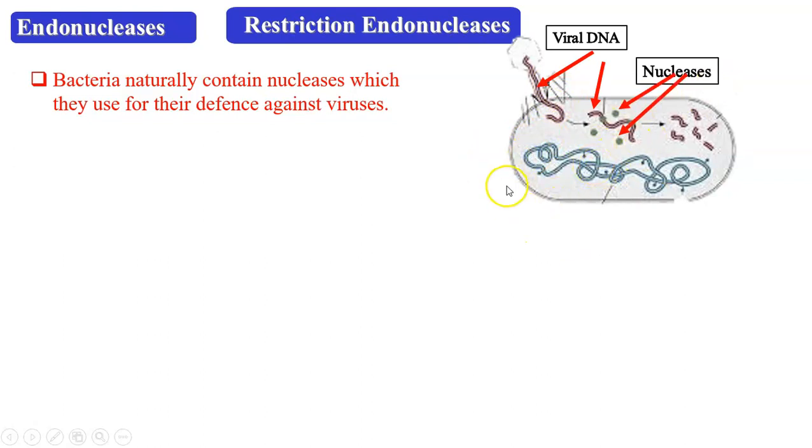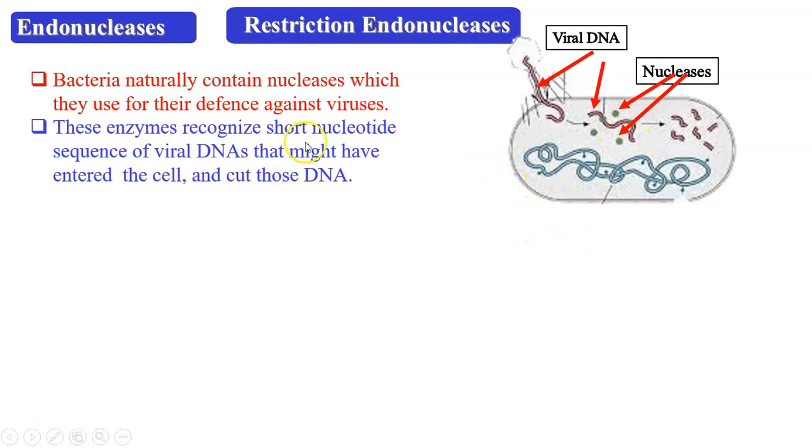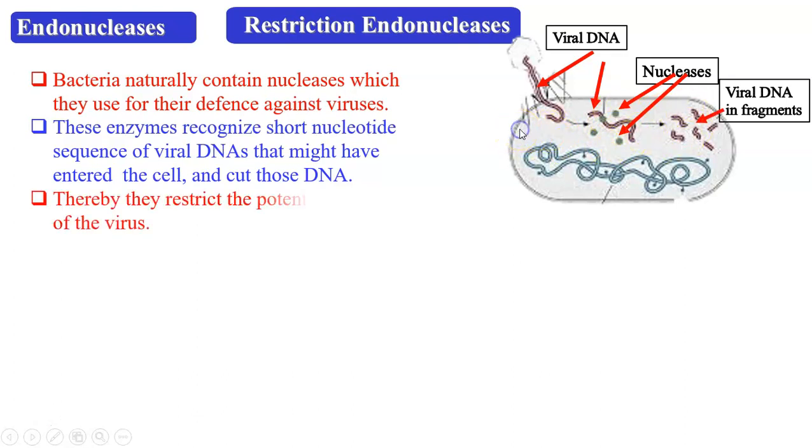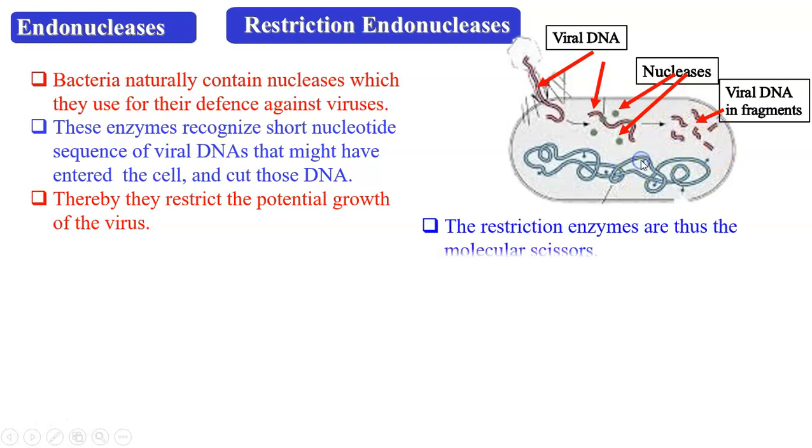These enzymes recognize short nucleotide sequences of the viral DNA which enters the bacterial cell. After recognizing the sequences, they cut that viral DNA into fragments, and thus they restrict the potential harmful growth of this viral DNA.